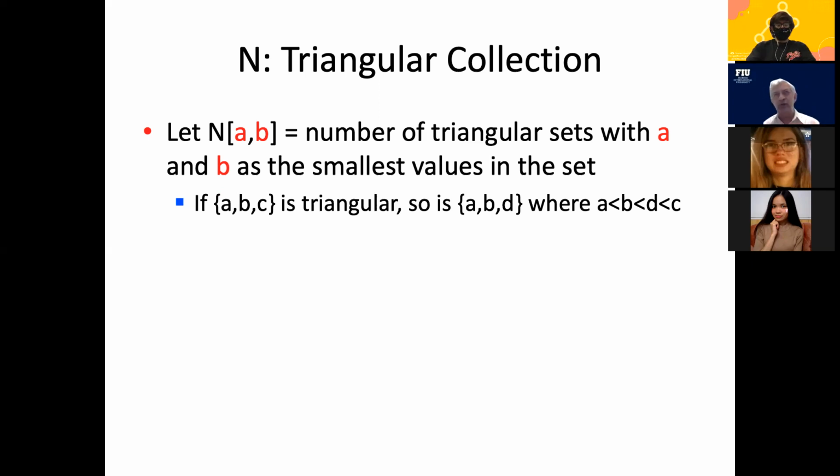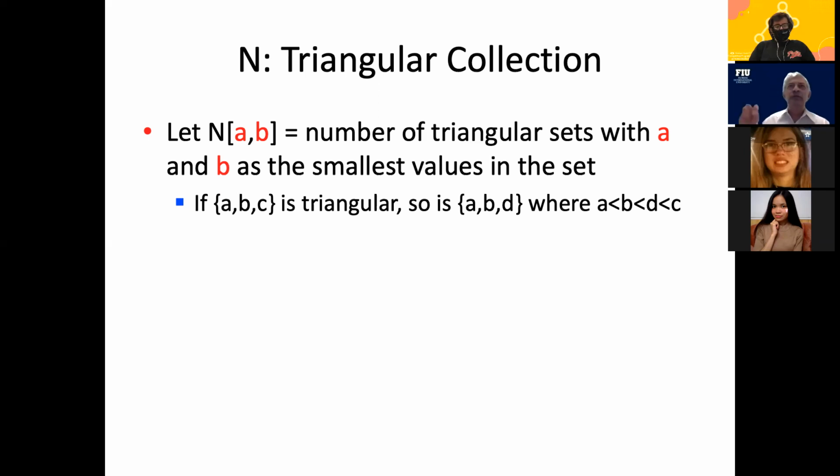If we can figure out for A and B how many triangles you can form with a third value picked from the set, then I could quickly try all possible pairs, and the number of pairs is only 50 squared. Because for A there are 50 possibilities, for B there are 50 possibilities, and I want to do something quick for C, and so then it becomes 50 times 50 times something quick.